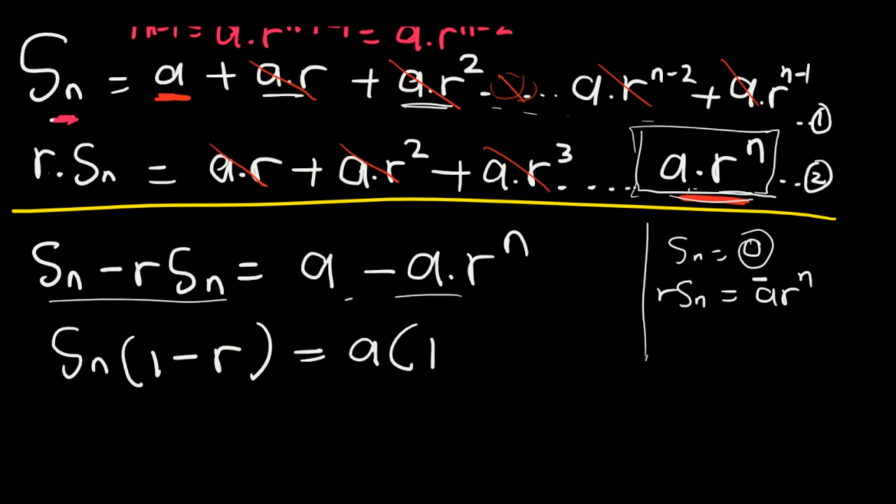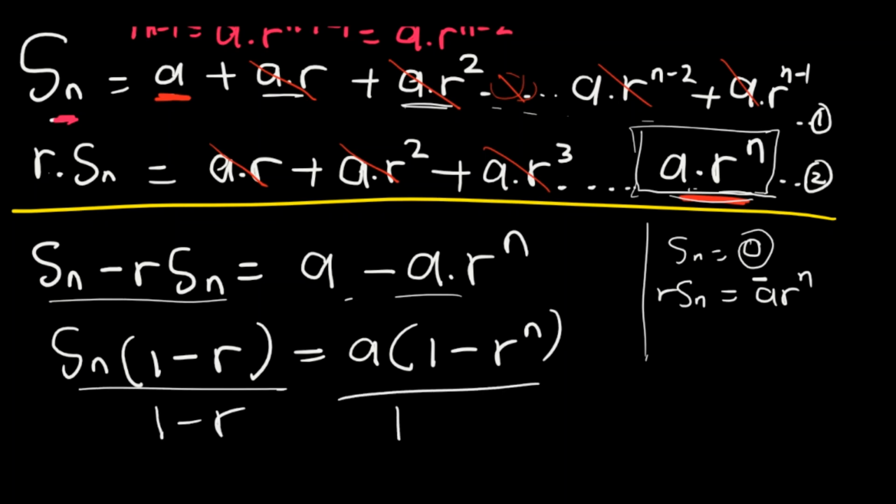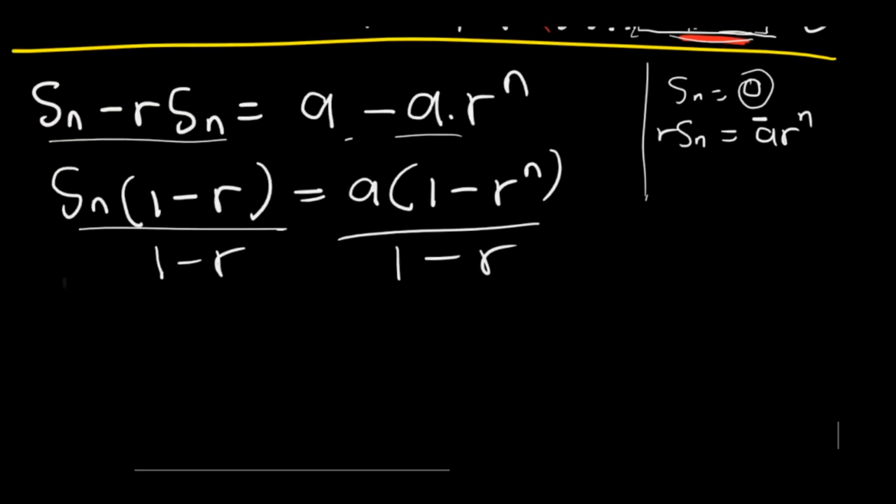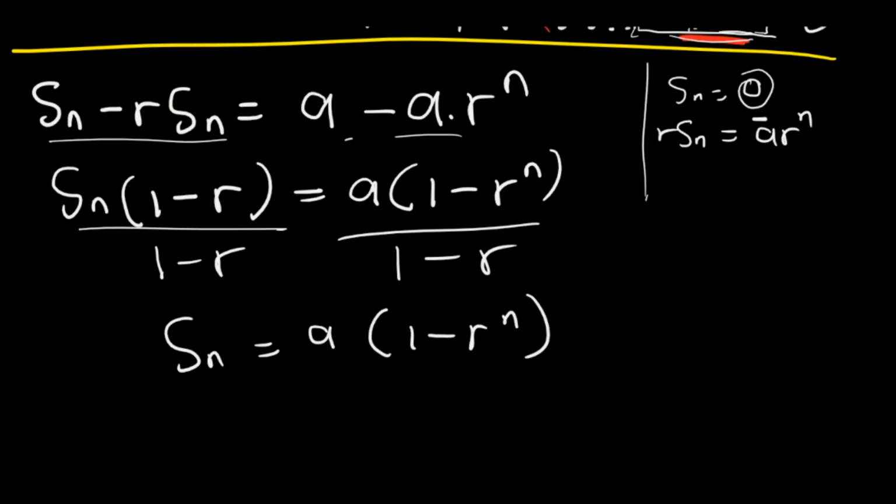So it's a into 1 minus r to the power of n, and then we're going to divide by 1 minus r, and then our sum is going to be a into 1 minus r to the power of n divided by 1 minus r, right?